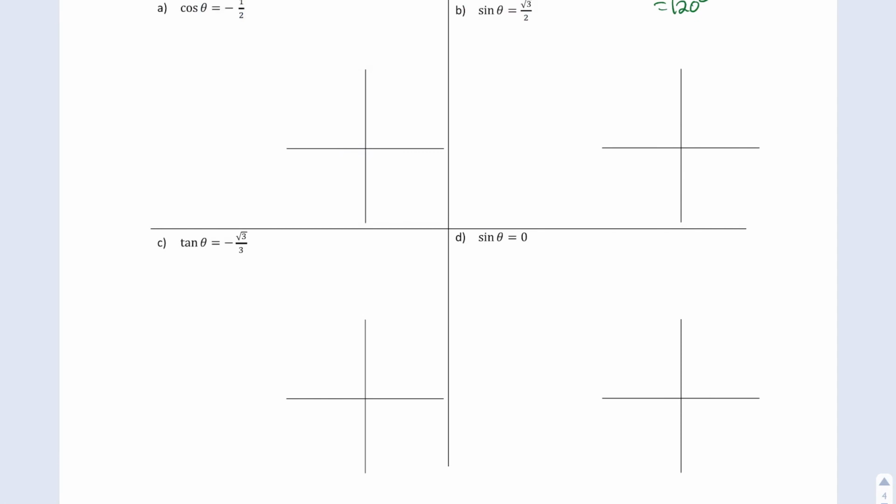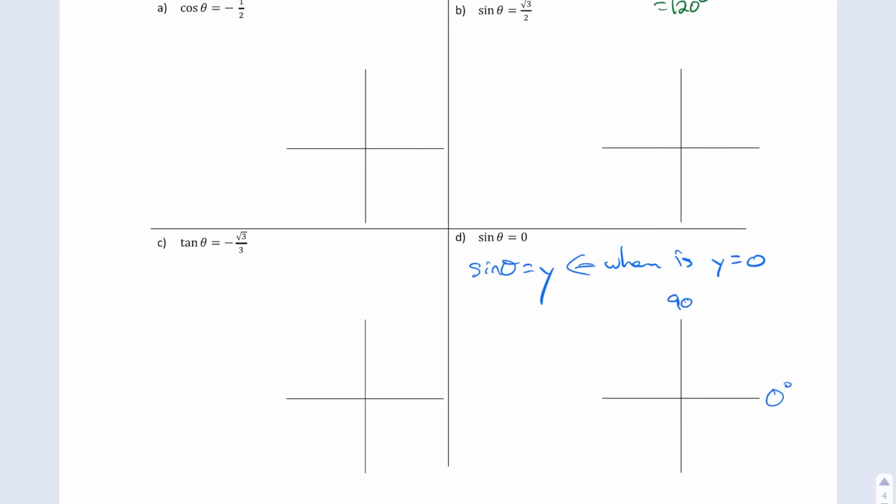But if you wanted to see this one, sine of theta being 0, remember sine theta equals y. We have to think, when is y equal to 0 from 0 to 360 degrees? That means I have a height of 0.